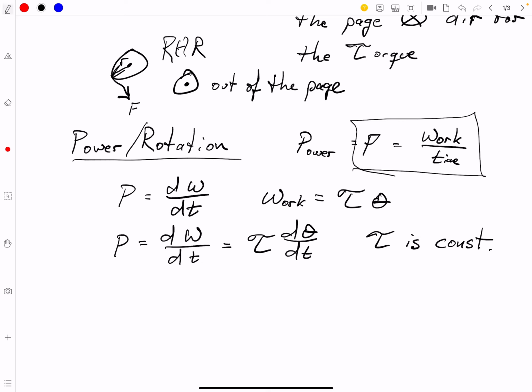So this ends up being your angular velocity. So we can say that the power is equal to our torque times our angular velocity.